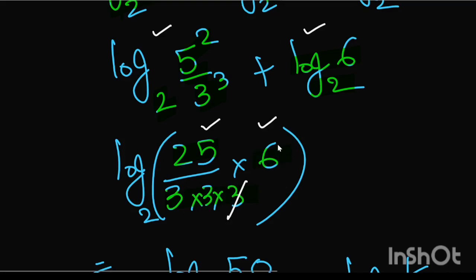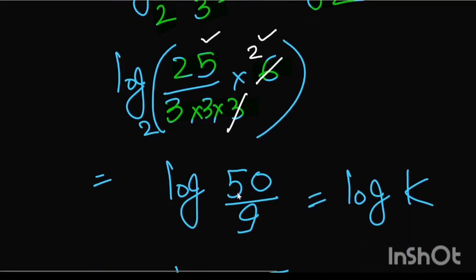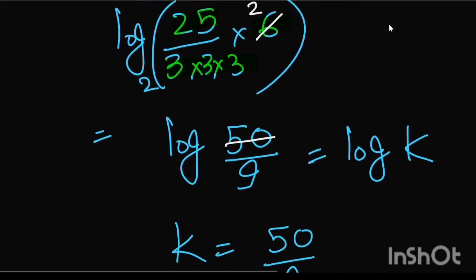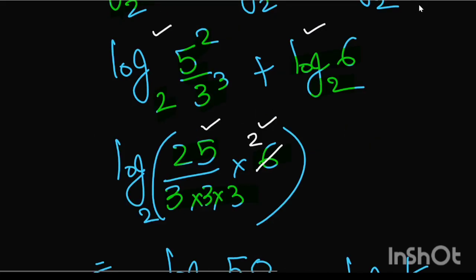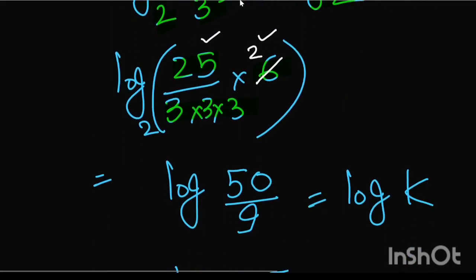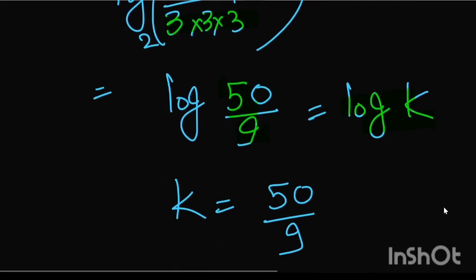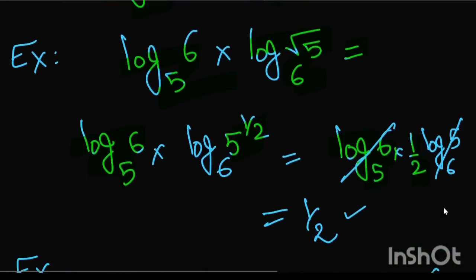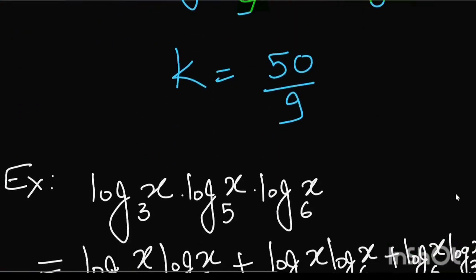Now one 3 cancels out, this becomes 2. 2 into 25 is 50, and 3 into 3 is 9. So log 50 by 9 it becomes, and it is equated with log k, so k is 50 by 9. So that way it is done, guys.